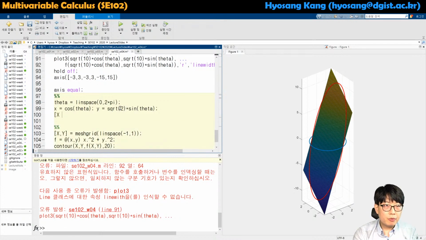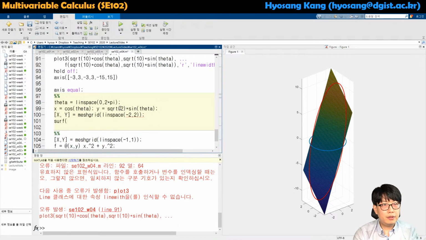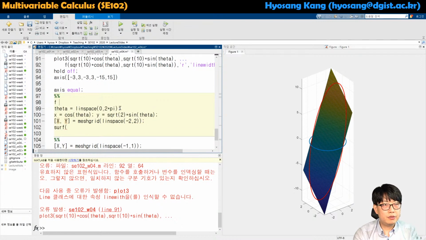Right, so I'm going to graph the function f, the original function. Let's see how big it should be: -2 to 2. Okay, and surf. I didn't define my function. So f of x, y is 2 times x plus y squared plus x squared, and surf x, y, and f of x, y.